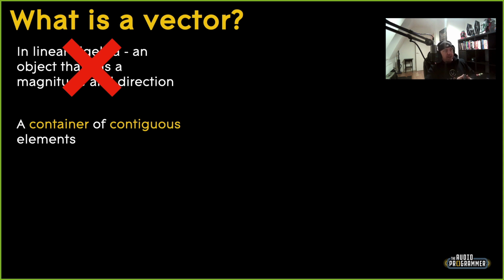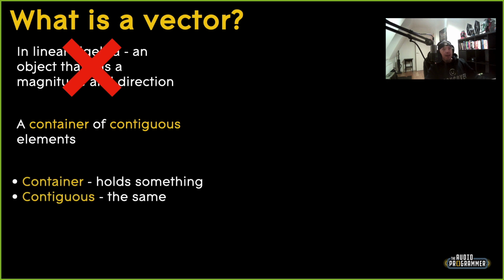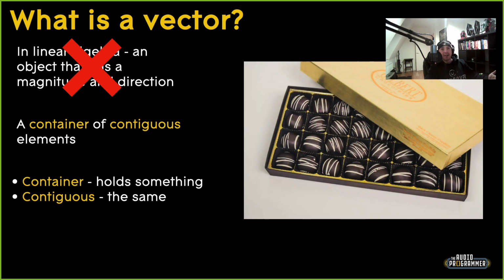So it's a container that needs to hold things that are the same. A container is something that holds something, and contiguous just means that everything it holds has to be the same. Like this box of chocolates: it's a container holding chocolates, and all the chocolates are of the same type.